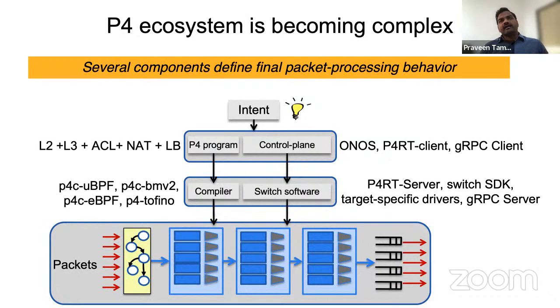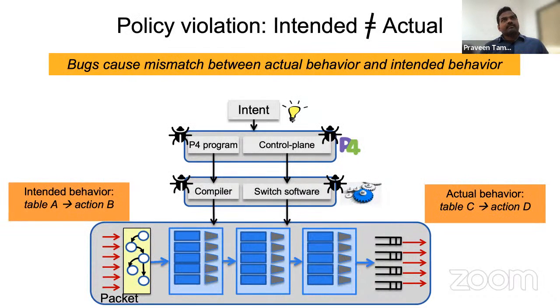As we move forward, you can see different elements here, and it is becoming increasingly complex. So the ecosystem is becoming complex, but all of these are important to define the final packet processing behavior. To be more specific, any bugs in any of these components could eventually lead to incorrect packet processing behavior.